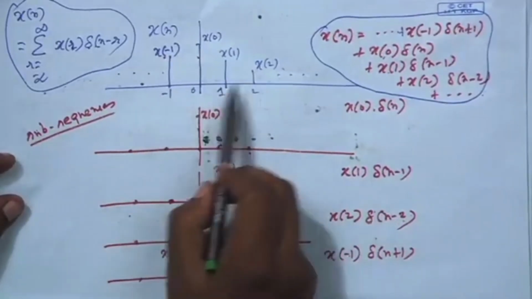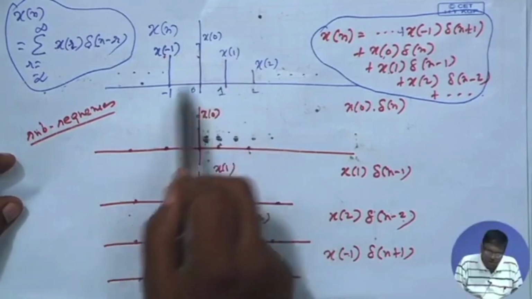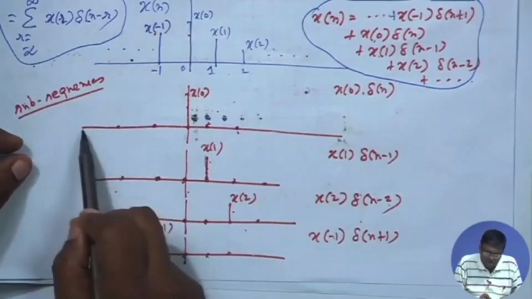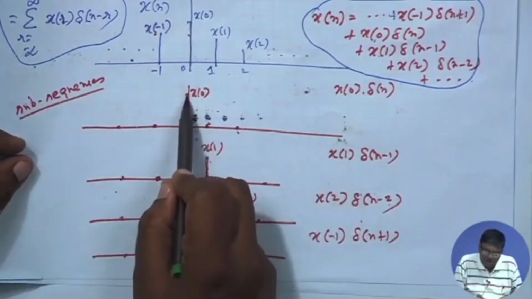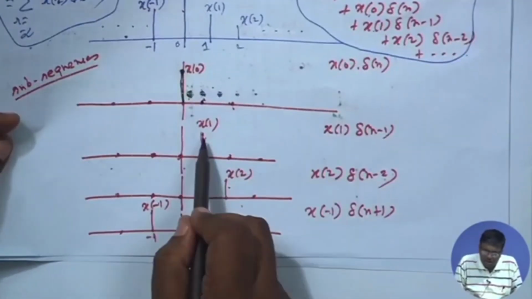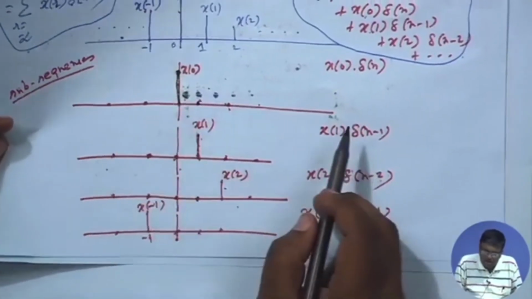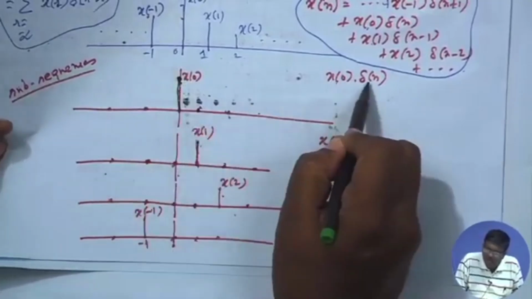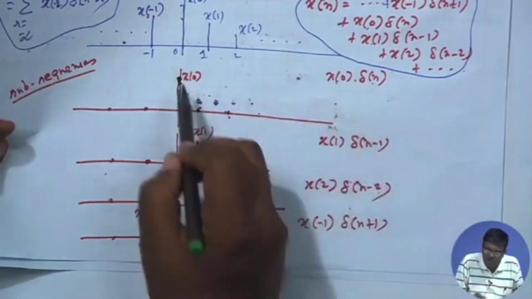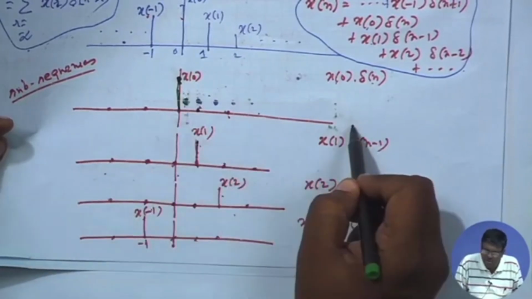Suppose this is a sequence x 0, x 1, x 2, x minus 1, like that, but this is the same as starting with one subsequence with one sample here, x 0, and all zeros. This is nothing but x 0 into delta n, because delta n has 1 here and 0 everywhere. If you multiply it by x 0, 1 becomes x 0, zeros remain 0.